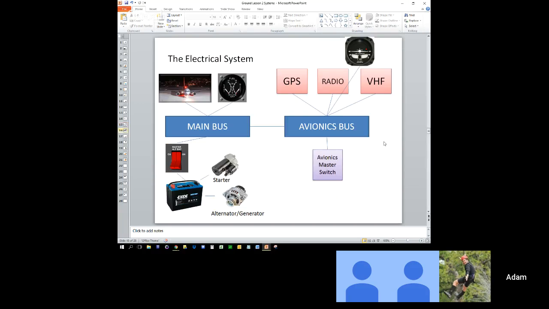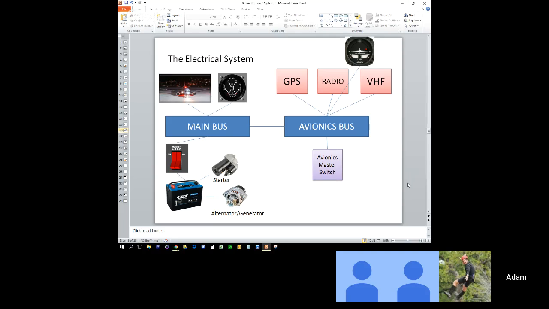The high level components of the system are the master switch, which is your highest level on-off switch for all electrical components in the aircraft. If this switch is off, the entire electrical circuit's cut off. The battery provides electrical power for your starter.